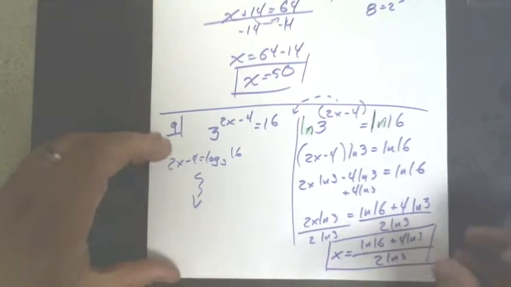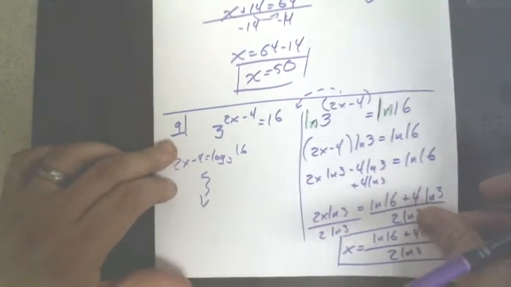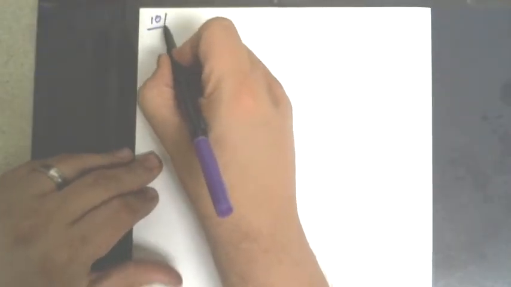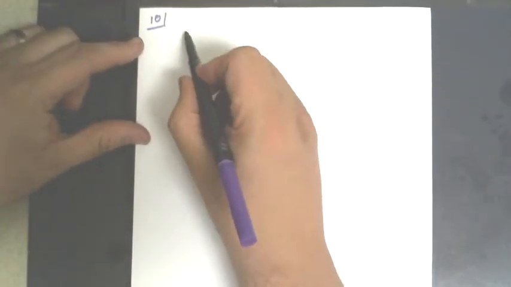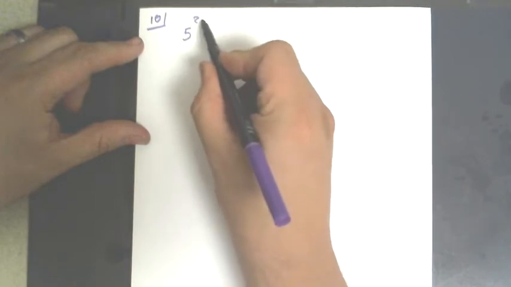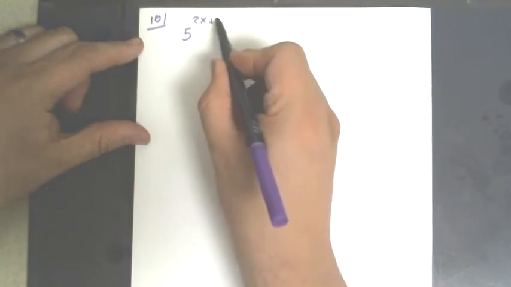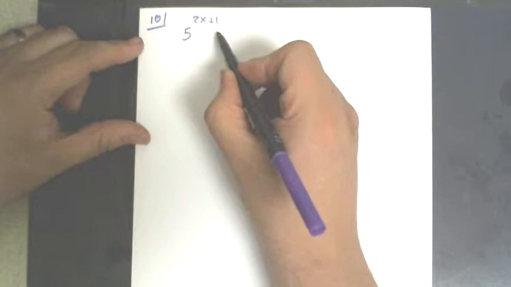So you want to make sure you're practicing that. Number 10 is kind of an extreme example of that. You could do number 10 the way it's listed, and you would get a fine decimal approximation.